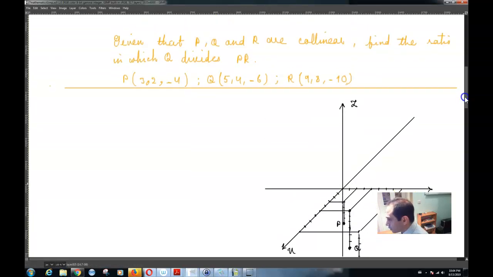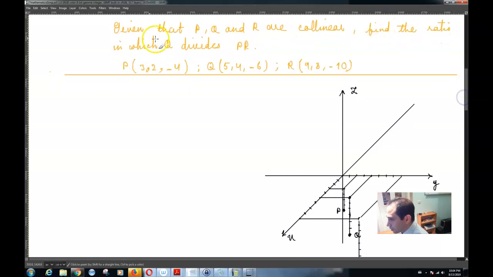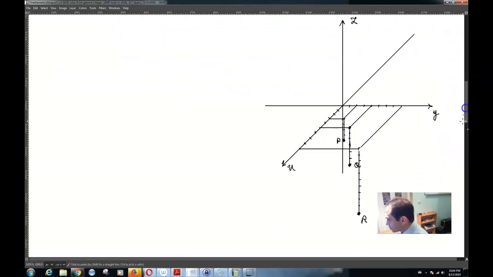Now you want to find the ratio in which Q divides PR. So PR is this line segment over here, and Q is dividing the line segment PR internally in some ratio.